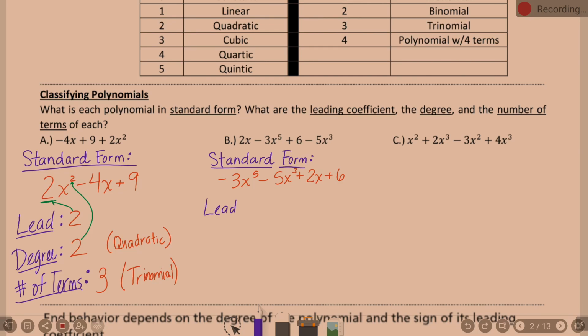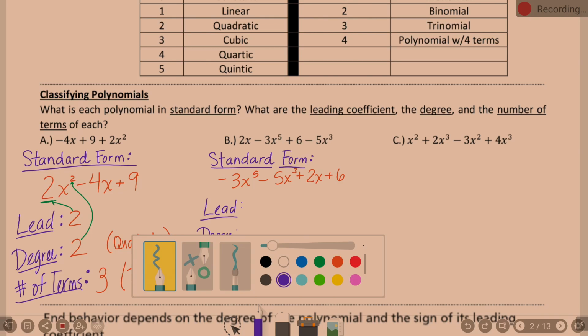And now talk about leading coefficient, degree, and number of terms. Okay, what's my degree here? 5. The highest power is 5.